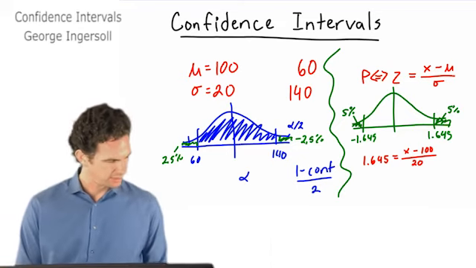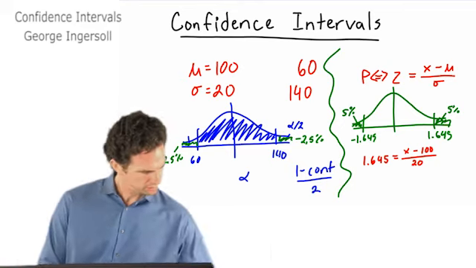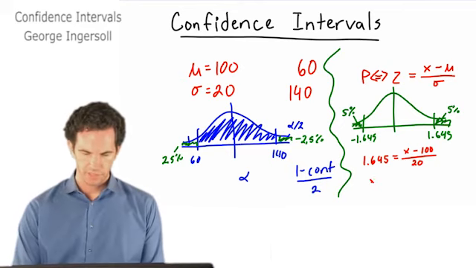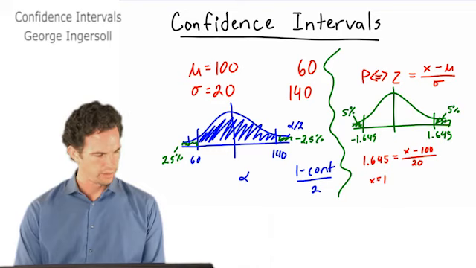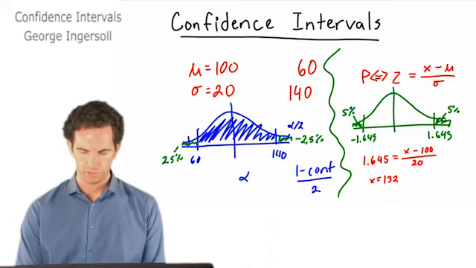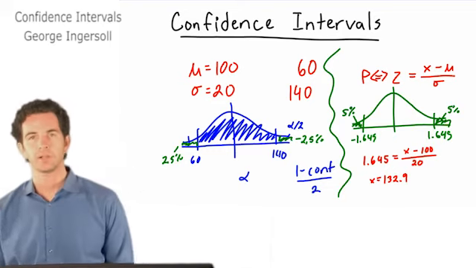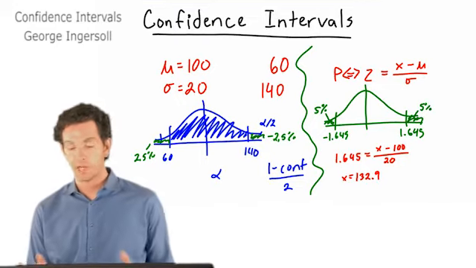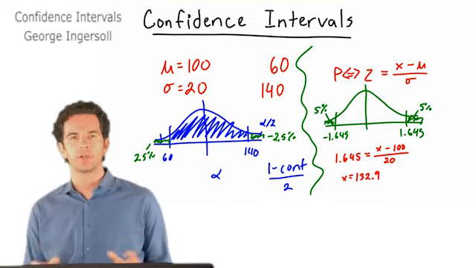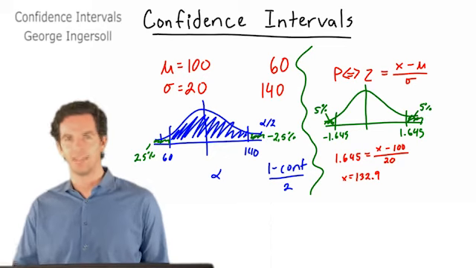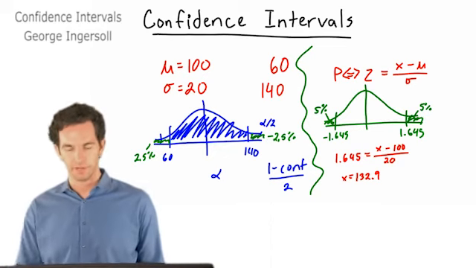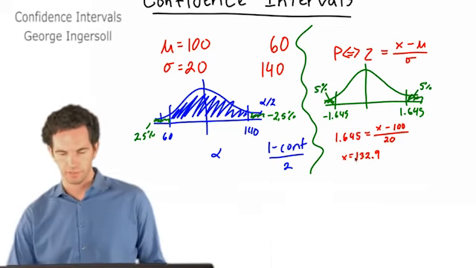And what we get is x is going to be equal to 132.9. That's our upper bound. So in our 90% confidence interval, 132.9 guests is going to be the upper bound of our interval.